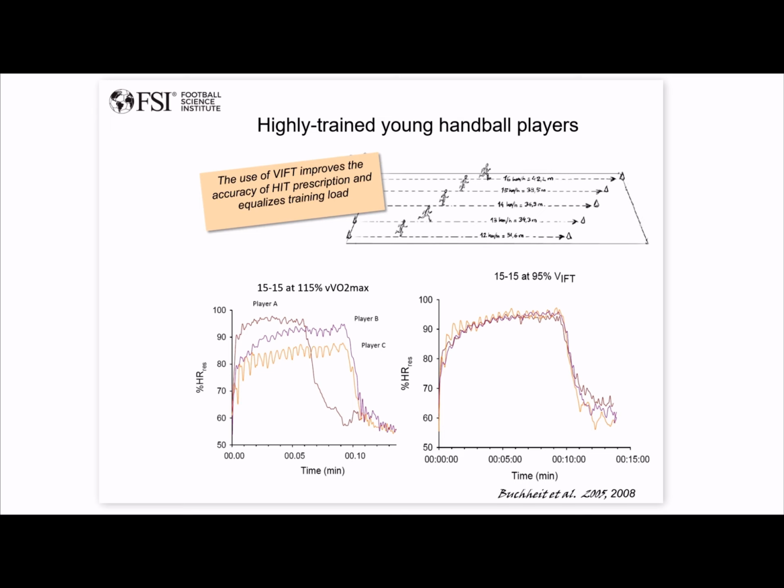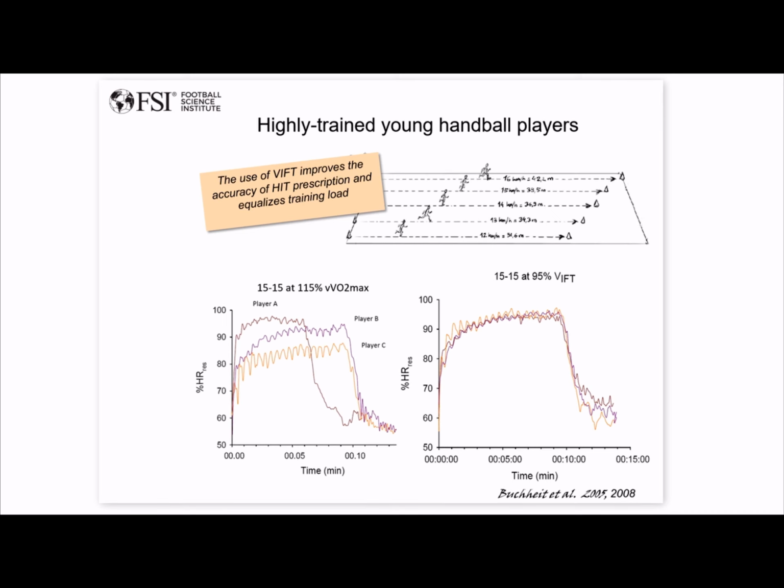When I changed the testing methods, and I've been using the results of the 30-15 for all of them, and using, in that case, 95% of the speed reached at the 30-15, obviously the percentage has to be decreased a little bit because of the difference of the speed, as I said, 30-15 being 20 to 25% faster than VO2 max.